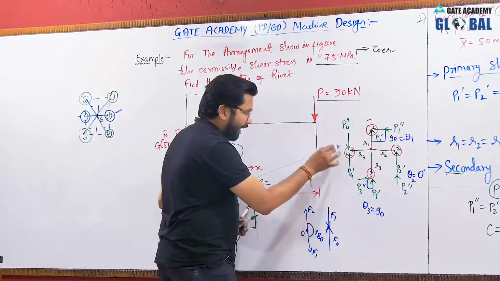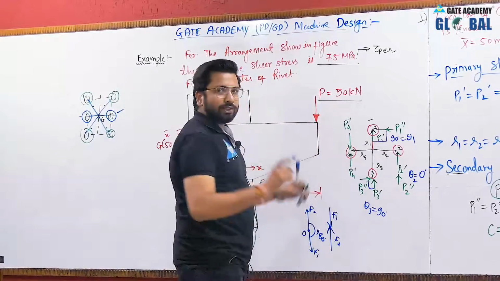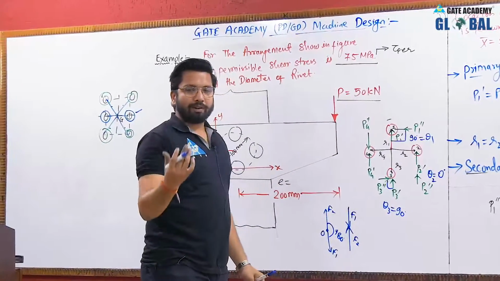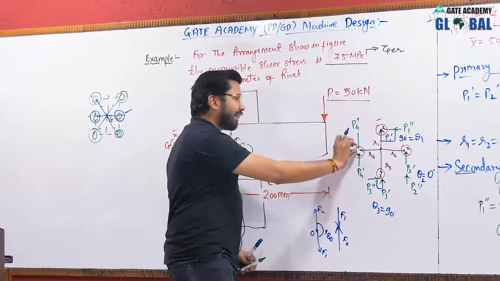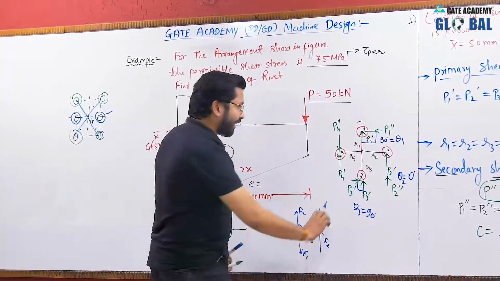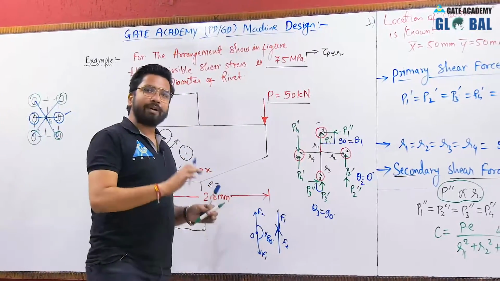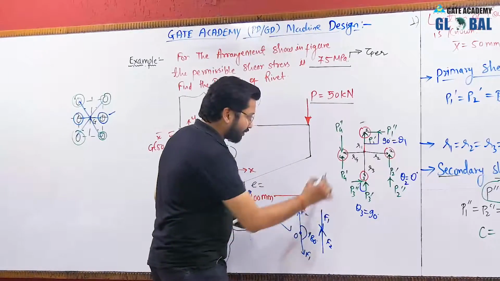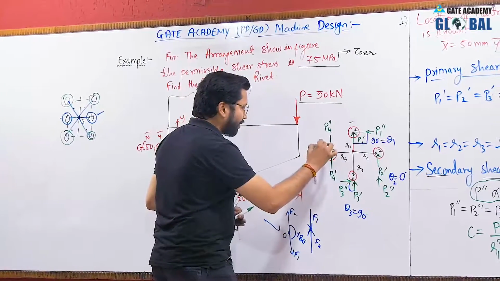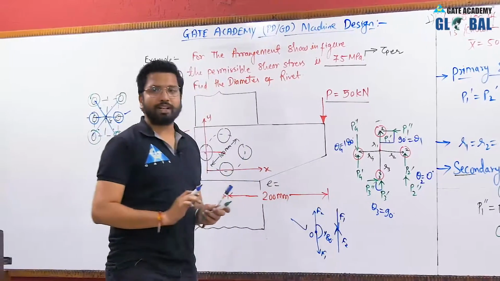So just remember, if you are confused with the angles, if two forces are acting opposite to each other along the same line, that is, they are collinear but opposite, then the angle is not 0 degree, the angle will be 180 degree, okay. So here theta 4 will be equal to 180 degree. So these will be the values of the angles.